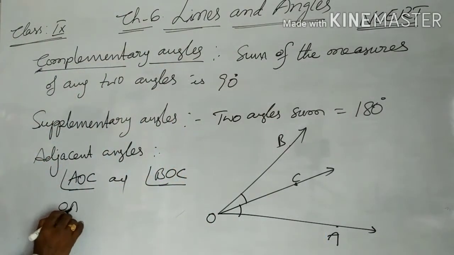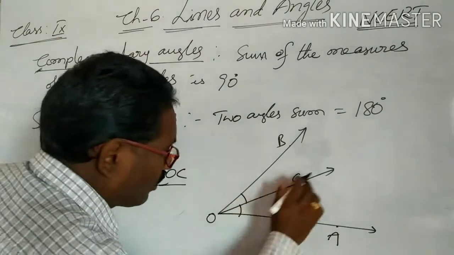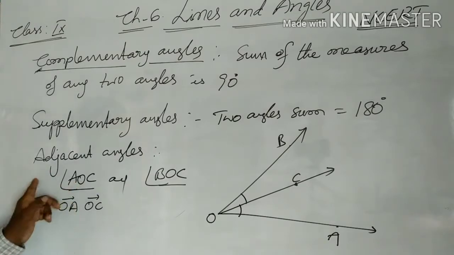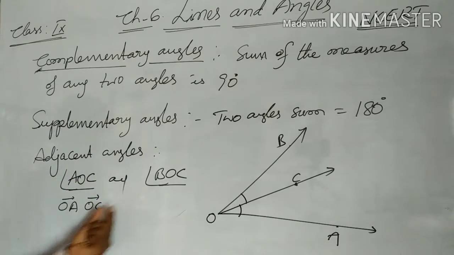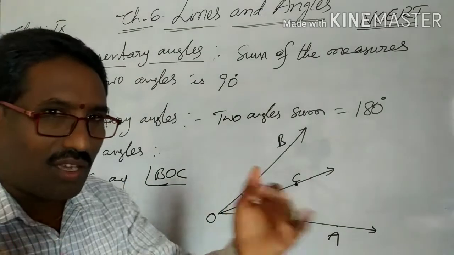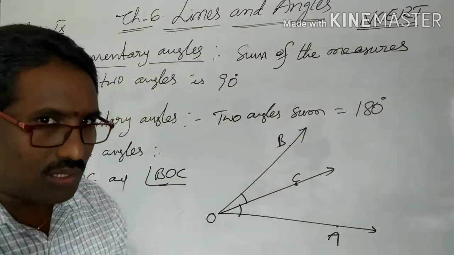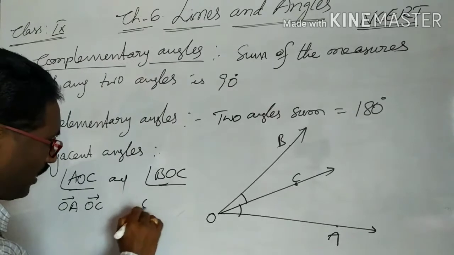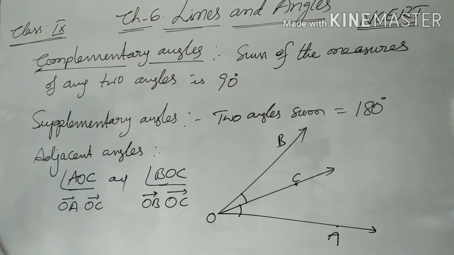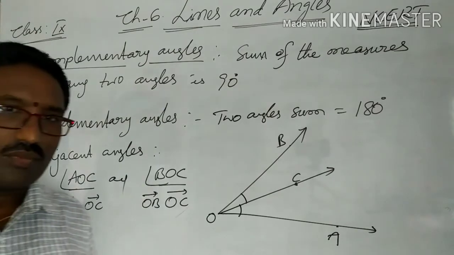OA is one arm and OC is one ray. Simply, OA and OC are the arms of angle AOC. Next, BOC: what are the arms of angle BOC? OB and OC are the two arms. Okay?